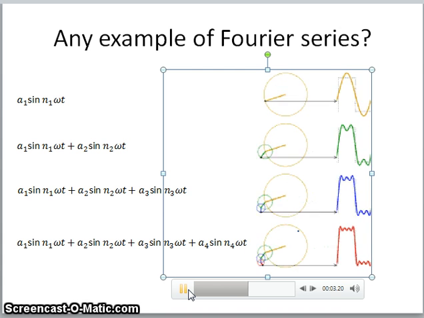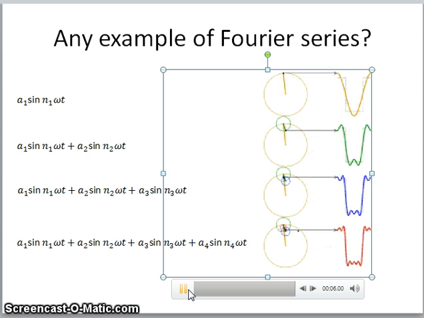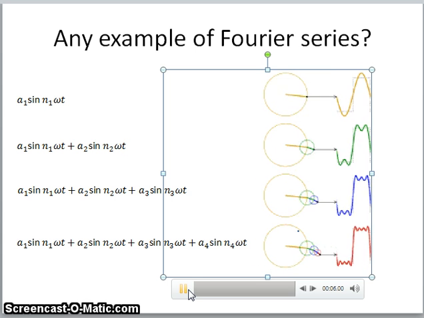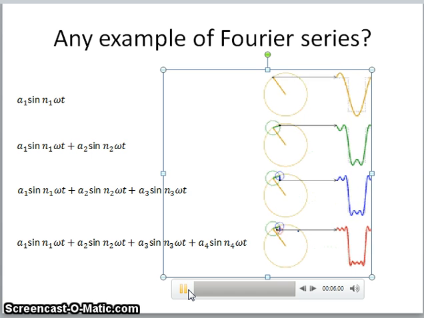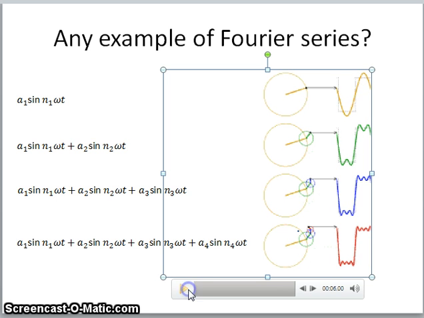Okay, so that is how we can see the effect of adding up all the terms inside the Fourier series of a particular periodic function.